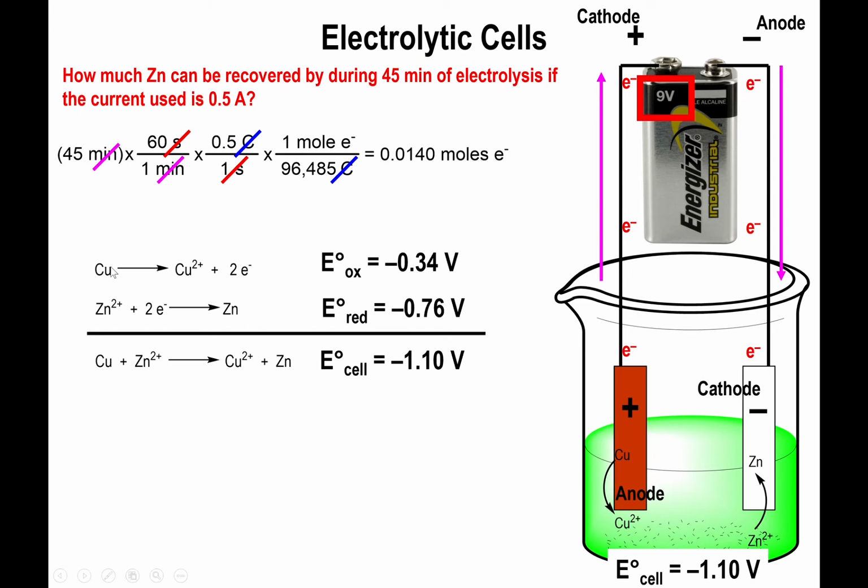Here's where you have to think about your equations. In particular, your zinc reduction. Based on the half redox reaction of zinc, for every mole of zinc that you produced, you had to use up 2 moles of electrons. That becomes your conversion factor to follow. So you have 0.0140 total moles of electrons supplied, but for every 2 moles of electrons, you end up producing 1 mole of zinc.